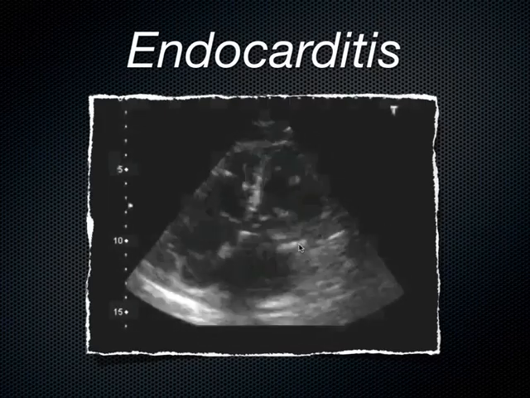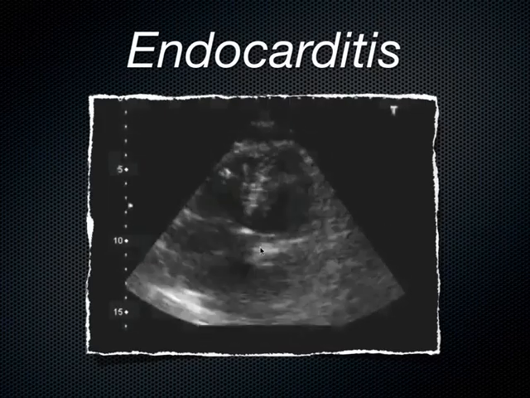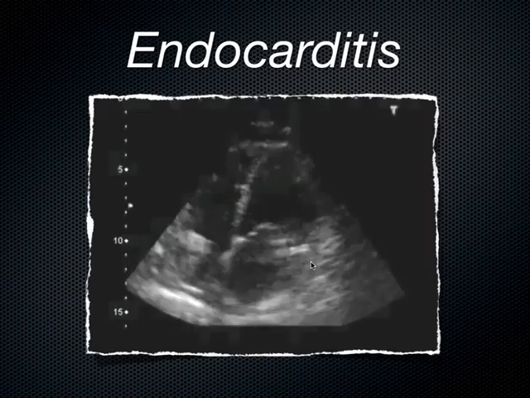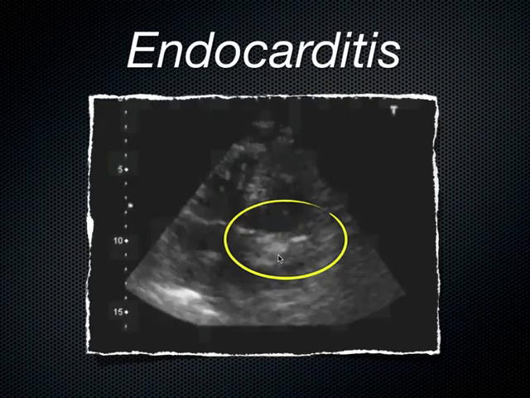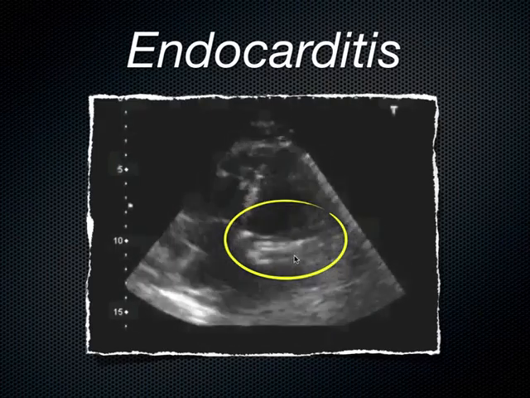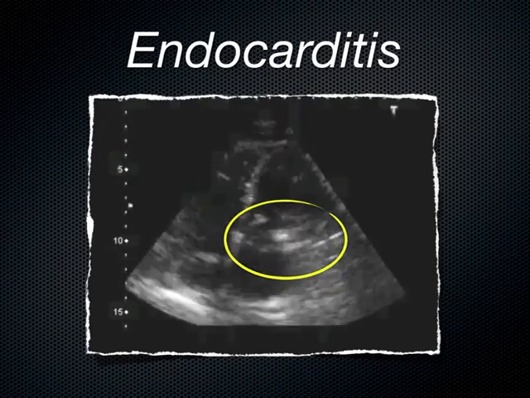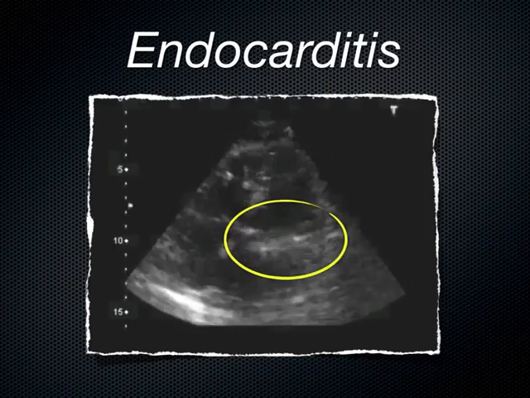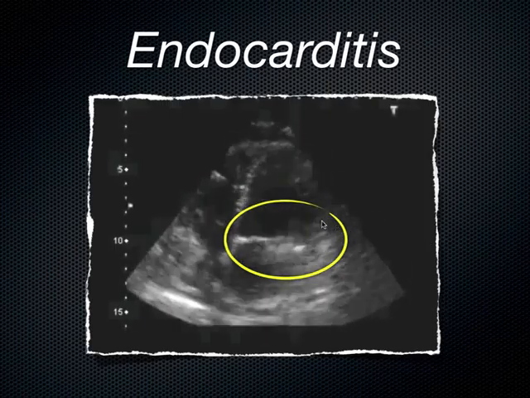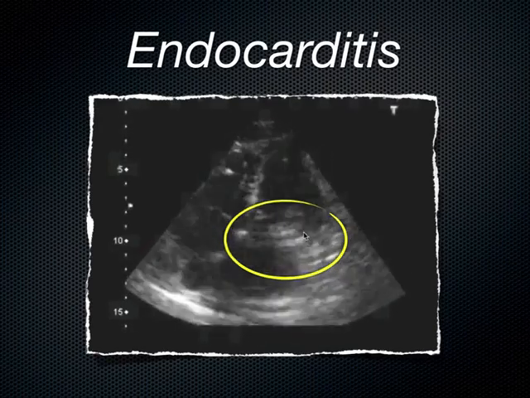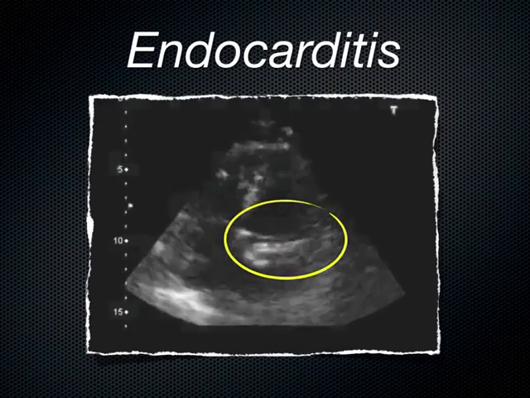And this is a case here of a mitral valve with the vegetation on it. We can see this vegetation right here. It's attached to the mitral valve, and this is the apical four-chambered view in a patient who has endocarditis. This isn't the greatest example, I know. It's kind of hard to see, but this is the only one that I have.